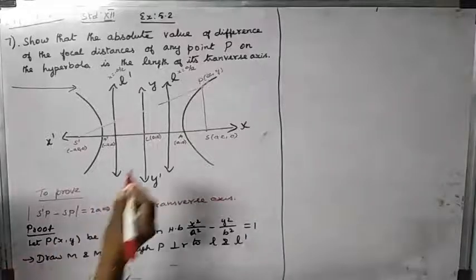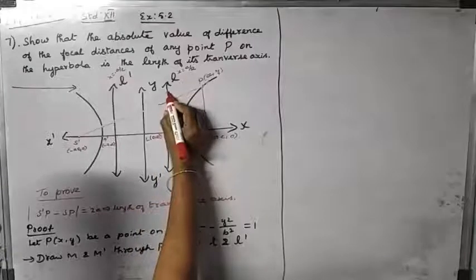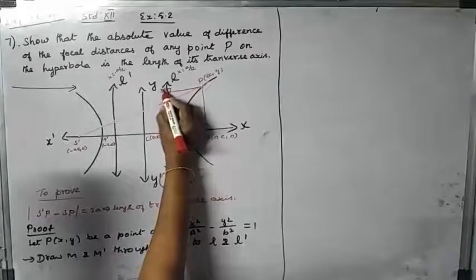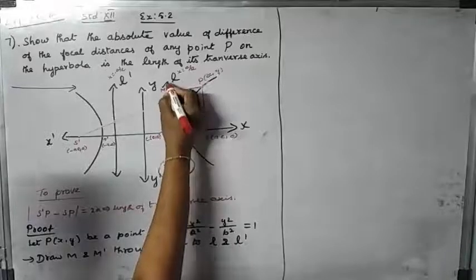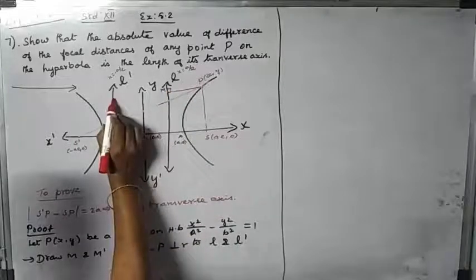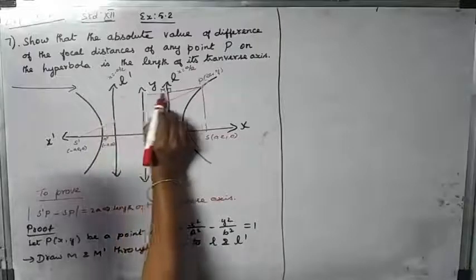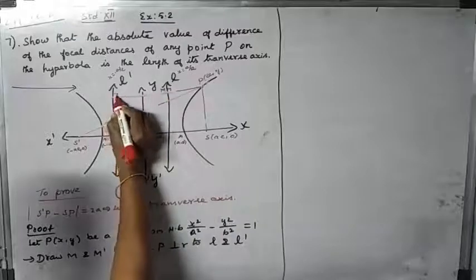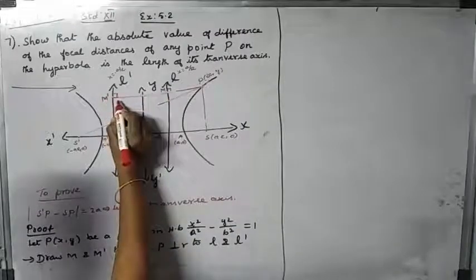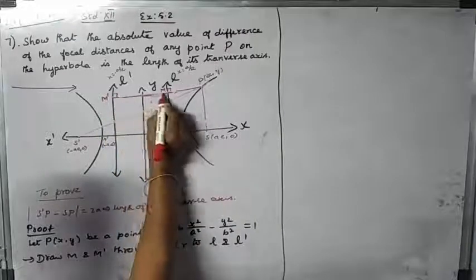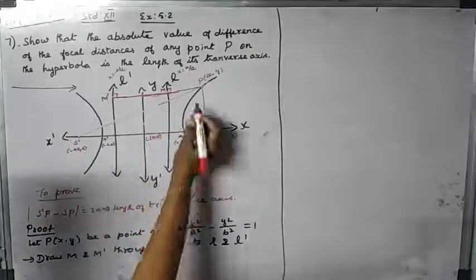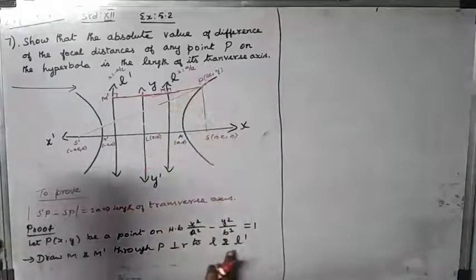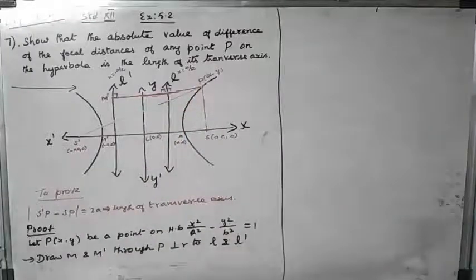Now let me draw PM. So it is perpendicular. So it is M. So the point M is on the directrix L and L dash. So this is the perpendicular distance, it is M dash. So draw M and M dash through P perpendicular to L and L dash.